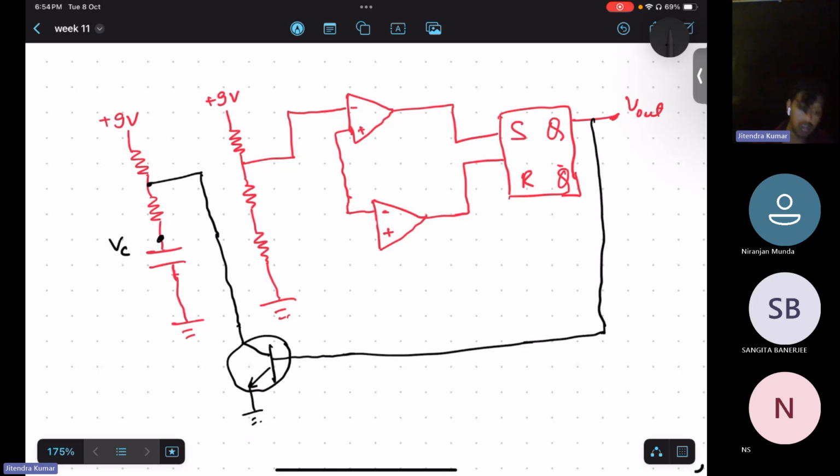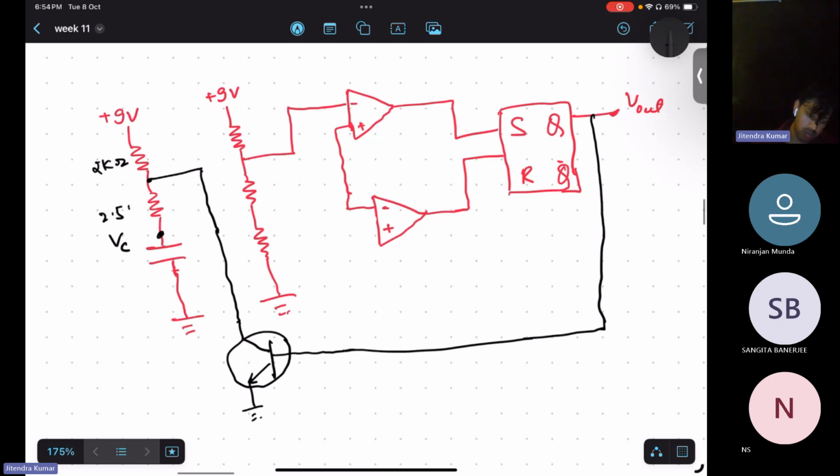Okay, let me give the values of all the resistors. 2 kilo ohm, 2.5 kilo ohm, and 0.25 millifarad.